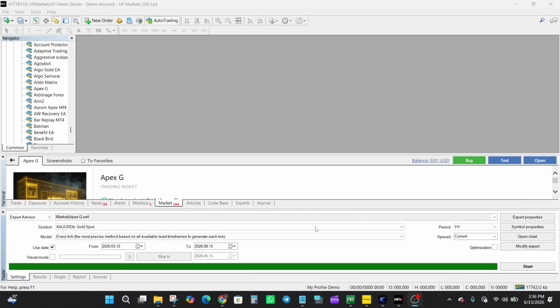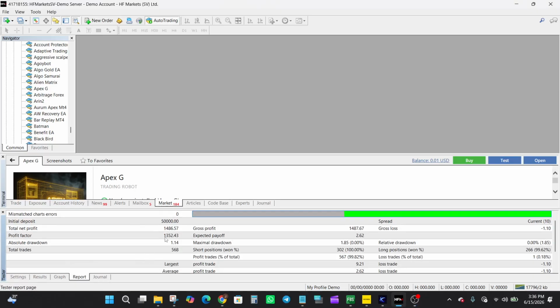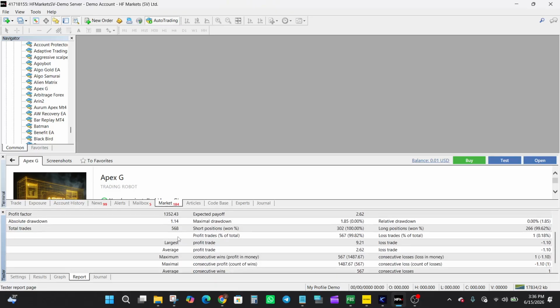Okay, so the backtest results are out now, and we can see that from an initial deposit of $50,000, the total net profit was $1,486.57, and the total trades taken we have 568, out of which 567 were profitable.